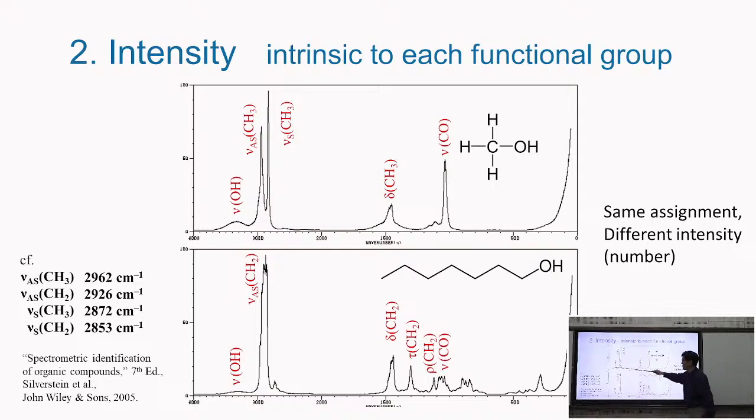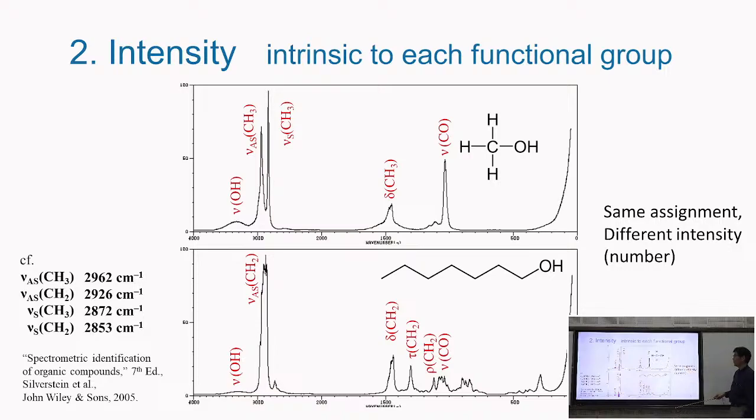Accordingly, we find OH here. And CH stretching of aliphatic group we see. It appears below 3000 wave number, so they are aliphatic CH stretching. And CH3 deformation appears here, CO stretching appears here.